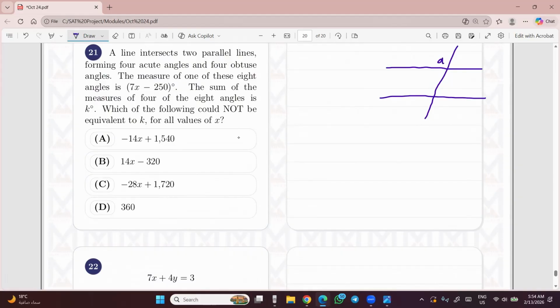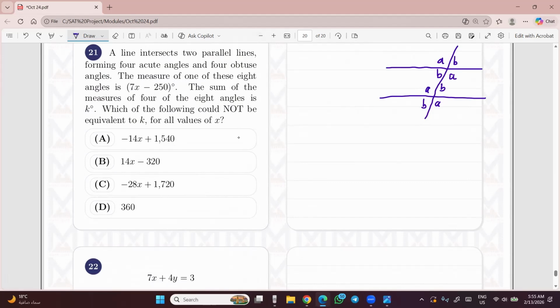Let's name them A, B. If this is A and this is B, this will also be A, so no need to use C and D. If this is B, this will be B also because they are vertical angles. And this is A, a corresponding one. So we do the same as up here, A, B, and A here and B here. So these are the 8 angles mentioned. Consider A as obtuse, B as acute, whatever the letters used.